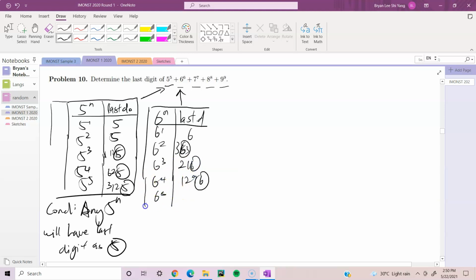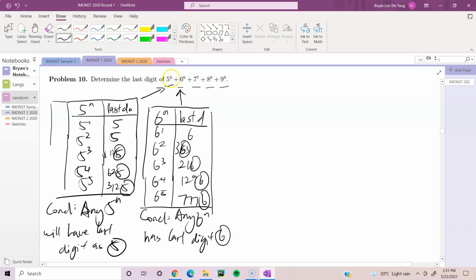Then the last one, 6 to the power of 5, we have 7776, which is still 6. So for this one, the conclusion is any 6 to the power of n has last digit 6.